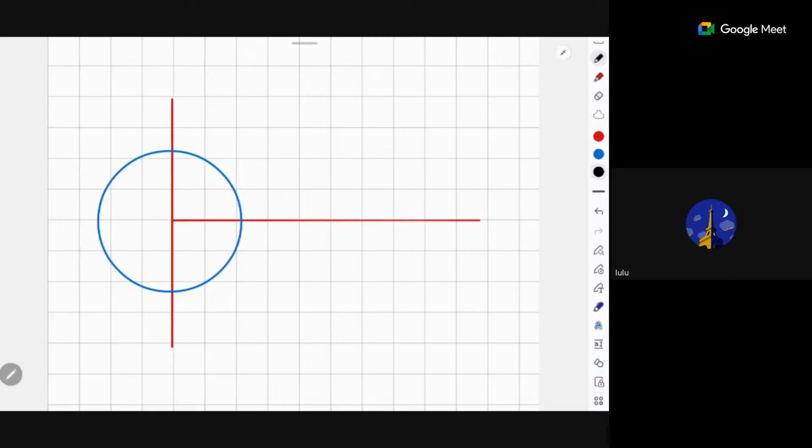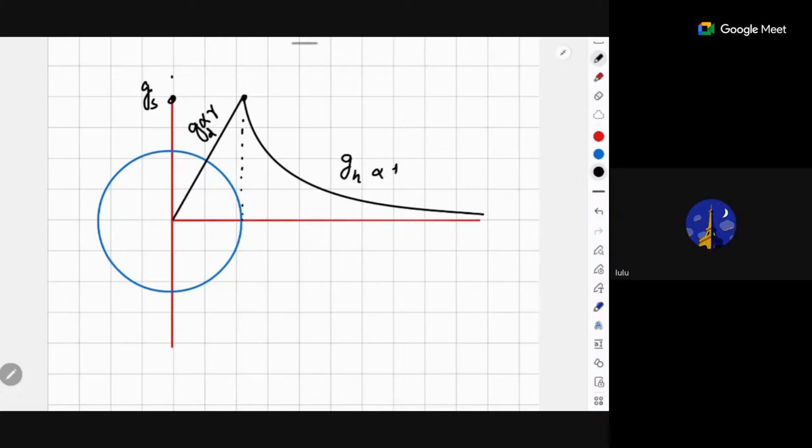So the value of G is maximum at the surface of the planet. Let's say it is here. This value is equal to G at the surface. Then above the surface, it follows the inverse square law, and till the center, it follows direct proportionality. So G is directly proportional to R below the surface, and G is inversely proportional to R above the surface. Is this clear to everyone?